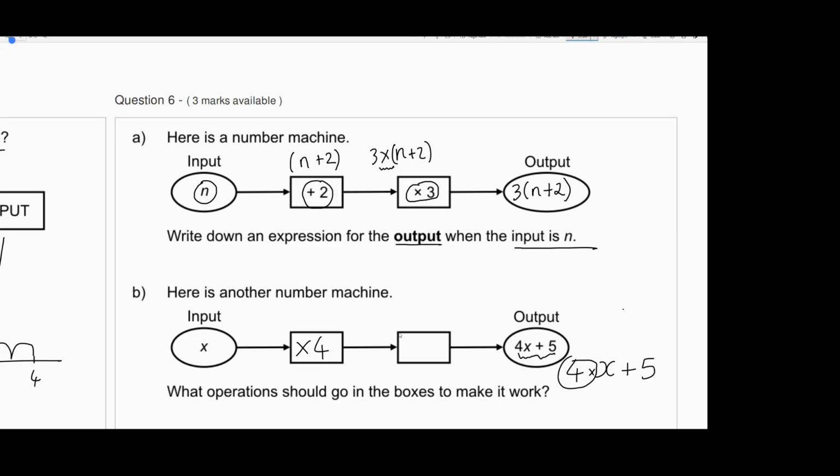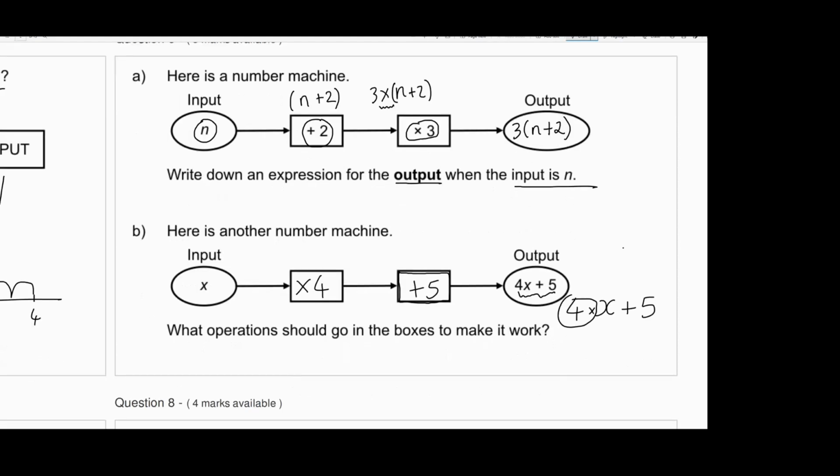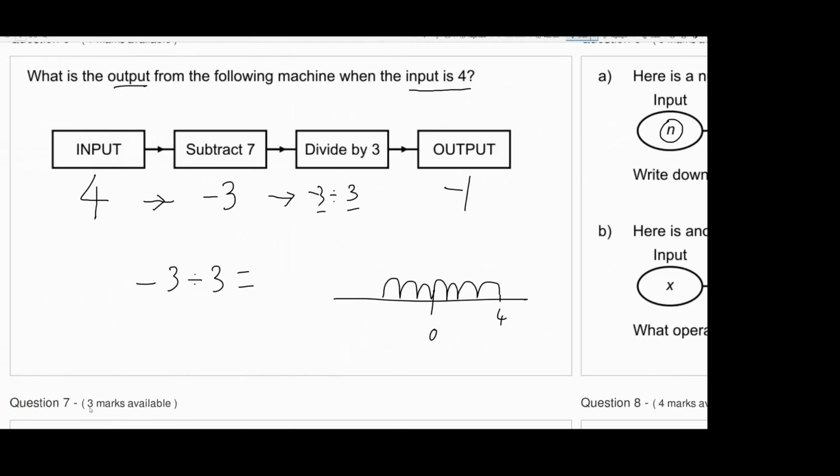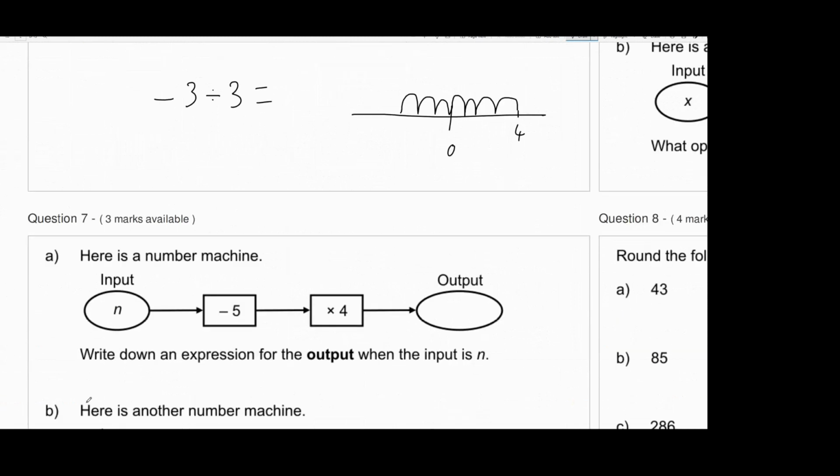And then what should I put in the second box? Plus 5. Brilliant. Exactly right. That's exactly what I have. So that's number machines. They ask questions like that quite a lot.